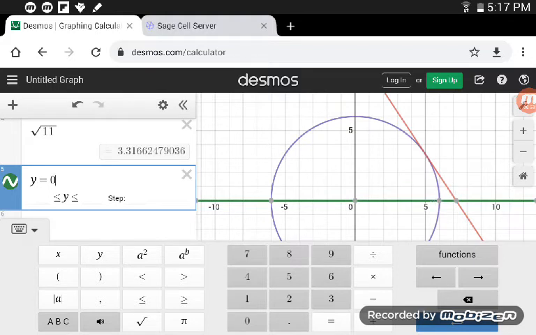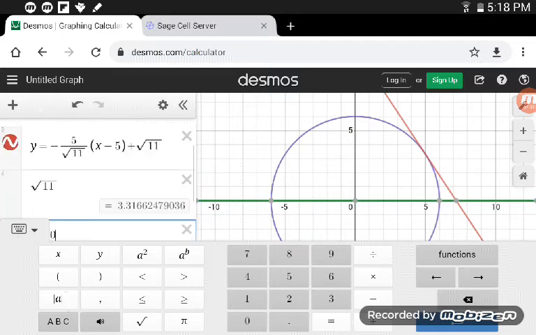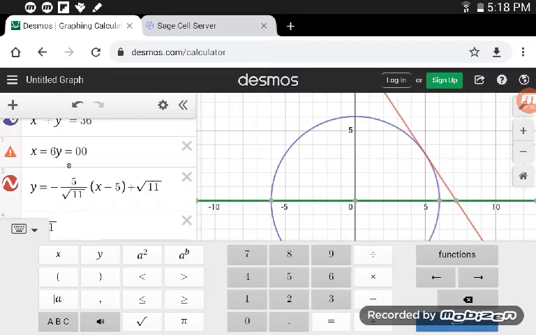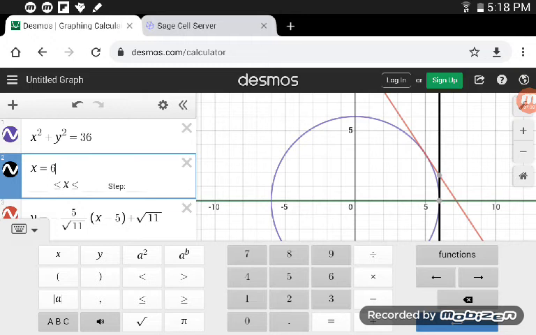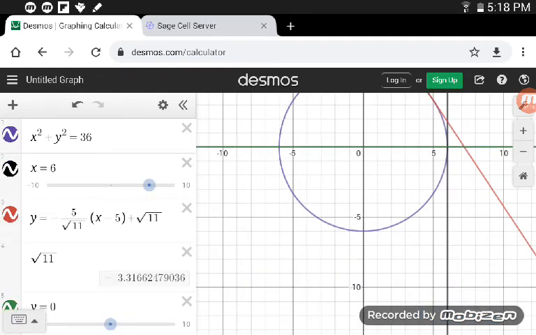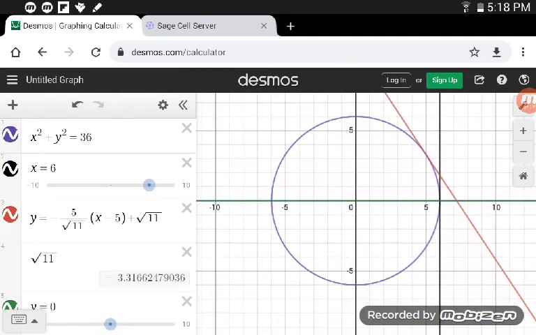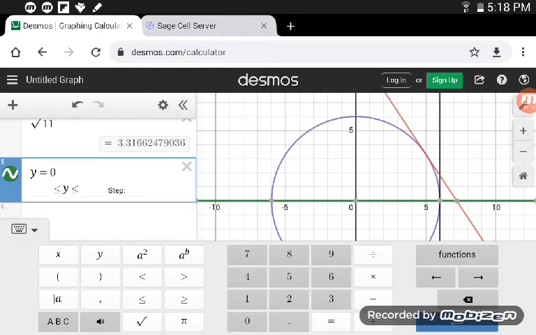And what happened to our x equals 6? Maybe I got rid of it. That's not good. There we go. So there is our x equals 6, and if I click on that one, our y equals 0. So yep, those are perpendicular to each other.